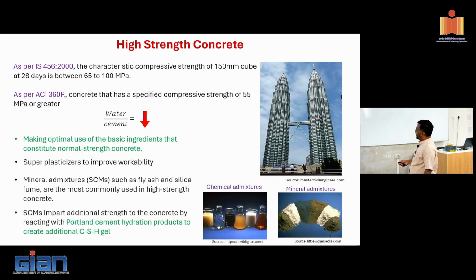And we also use mineral admixtures. Now, what is the role of mineral admixtures? So they will be used as fillers in concrete. Fillers. They are not only going to act as a filler because they are finer particles, they will help in filling. In addition to that, they will also help us in creating additional calcium silicate hydrate products.